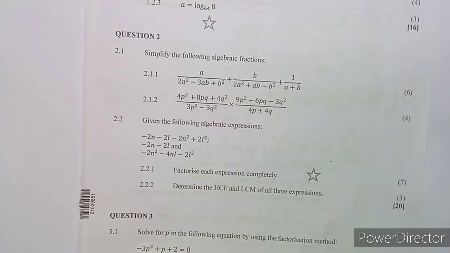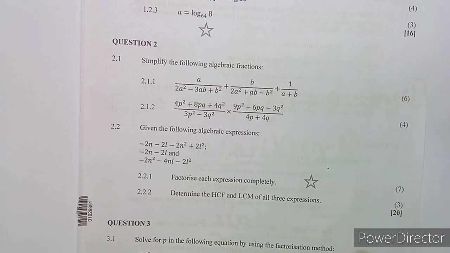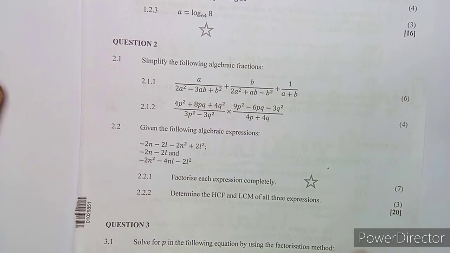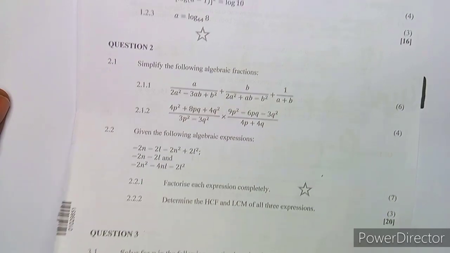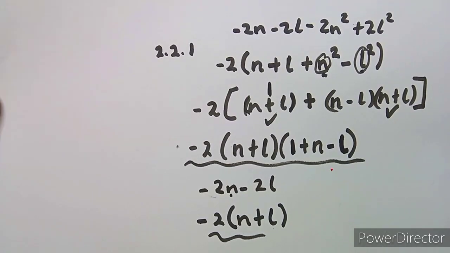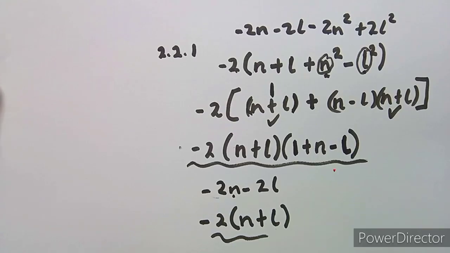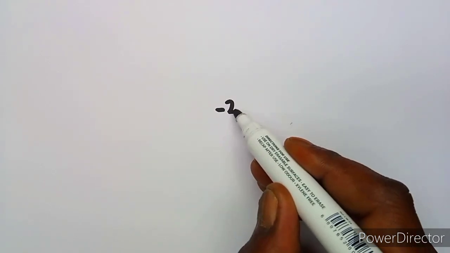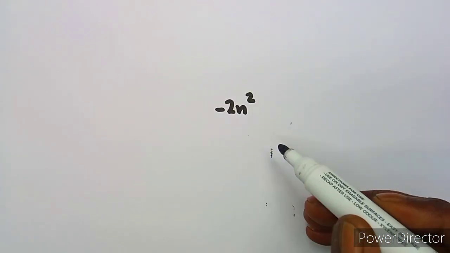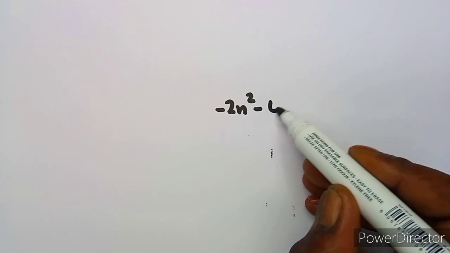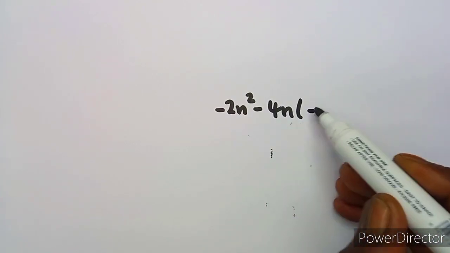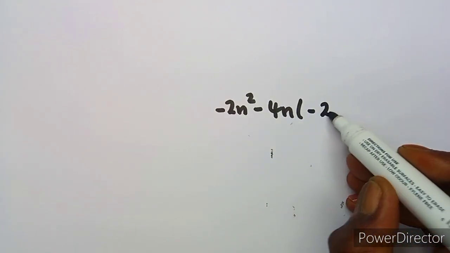It's minus 2n squared minus 4nl minus 2l squared. All right, so I'm just going to write it here. Minus 2n squared minus 4nl minus 2l squared, like that.